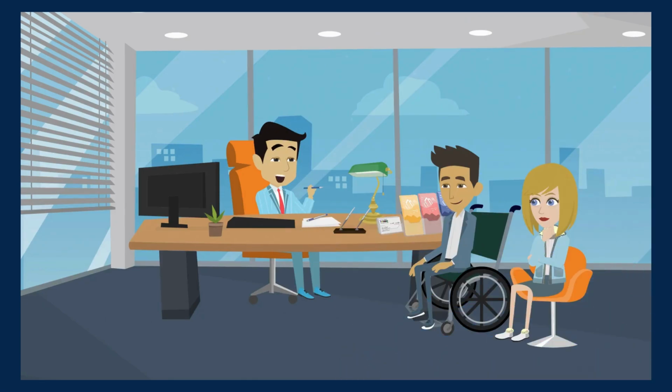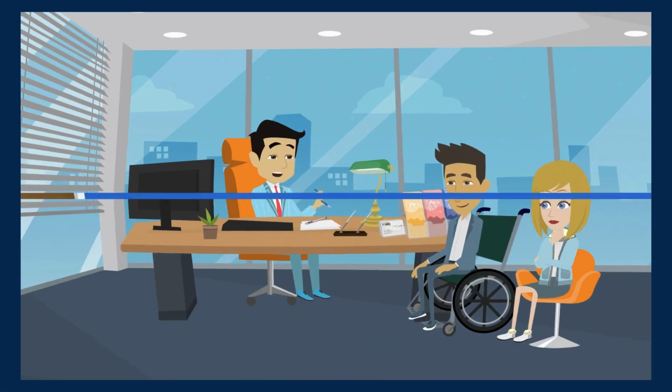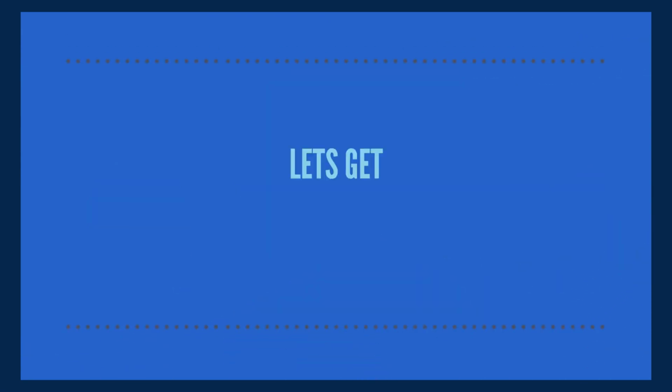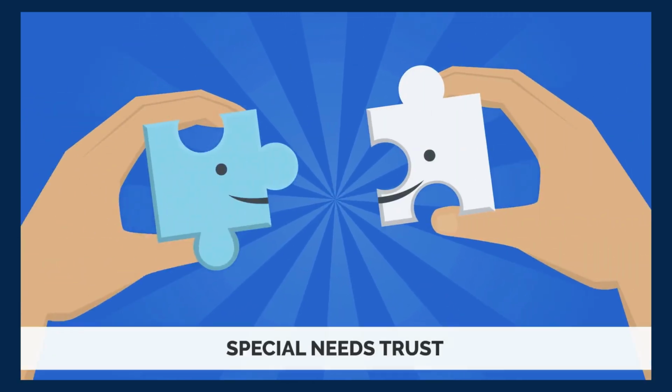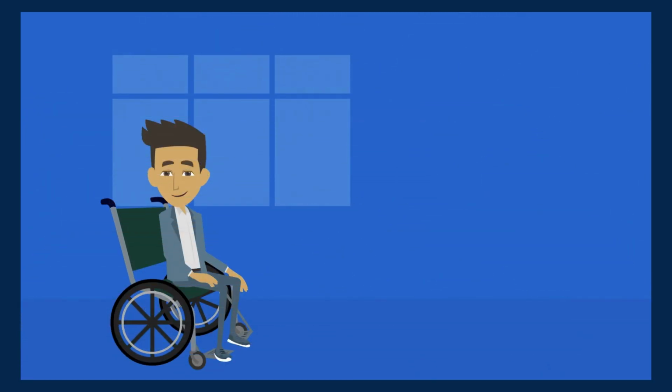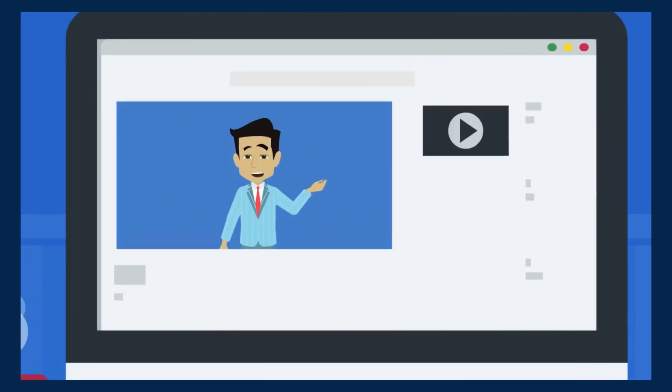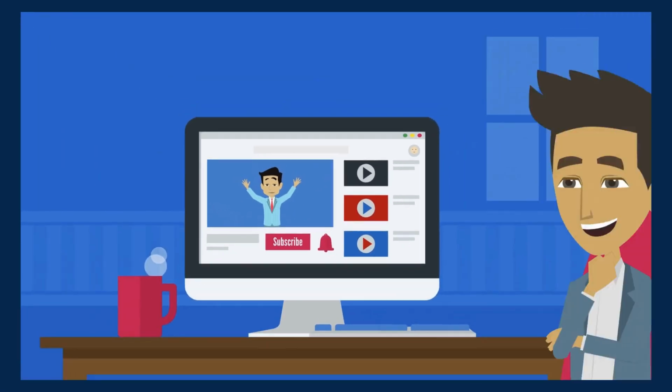You can always contact your assigned case manager for clarification. In addition, please make sure that you have someone available to witness you signing the documents or have your signatures notarized. Let's get started. Number 1. To use a special needs trust, you must be disabled as defined by the Social Security Administration Office. This has already been determined if you are watching this video. Number 2.